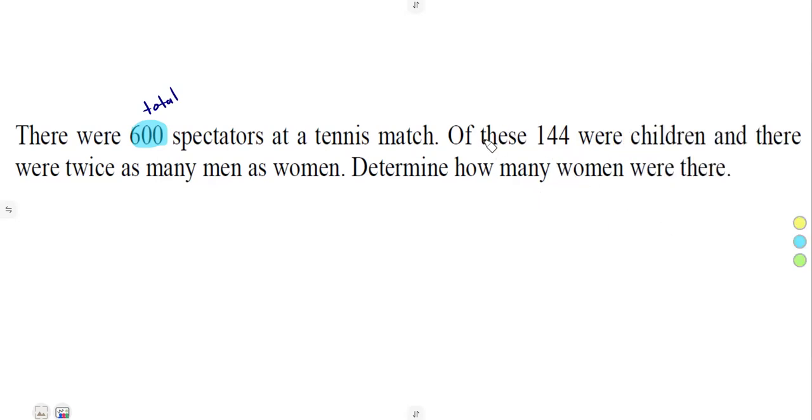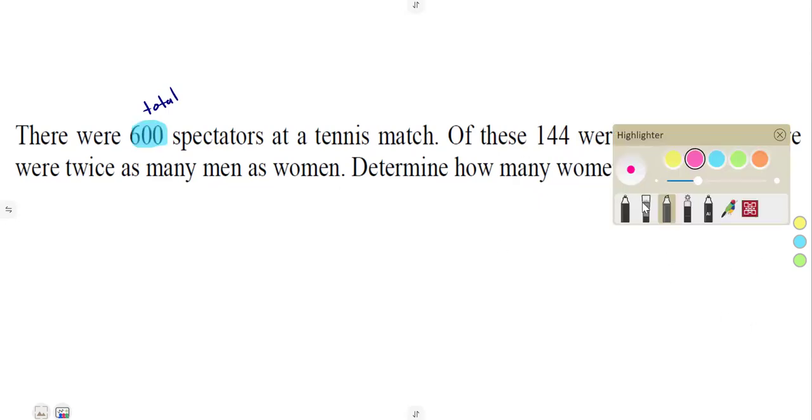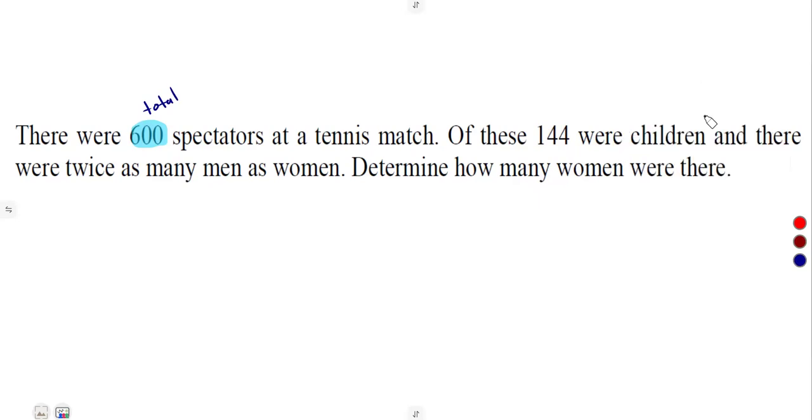Of these, what? From the 600 that you were given, the total from that 600, 144 were children. They are now separating from the total.